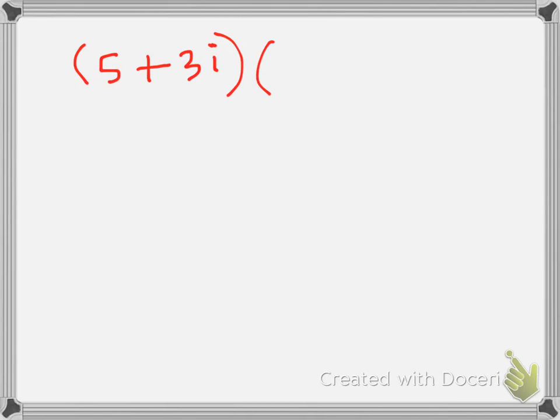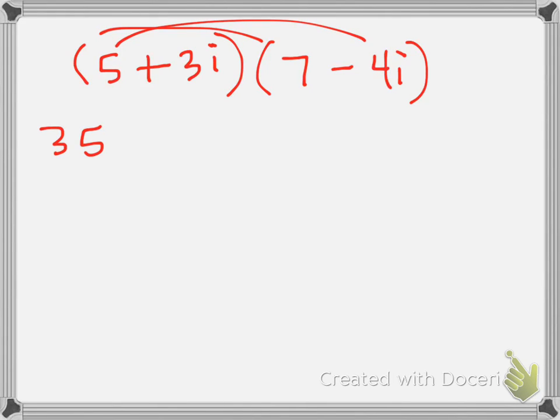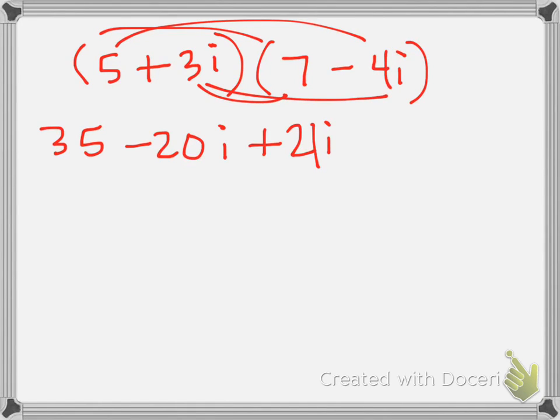What if I take imaginary numbers and I multiply them? I just multiply them like you FOIL. 5 times 7, 35. 5 times negative 4, negative 20i. 3i times 7, 21i. 3i times negative 4i is negative 12i squared.